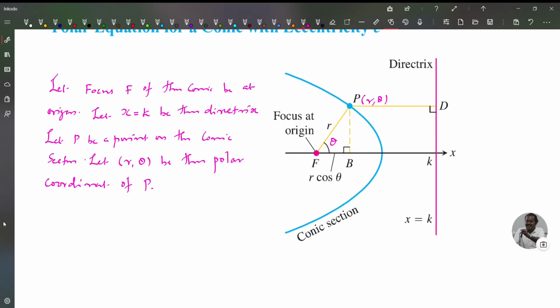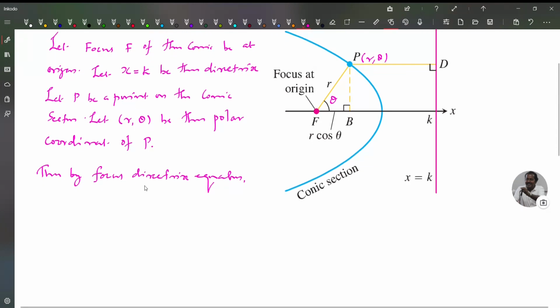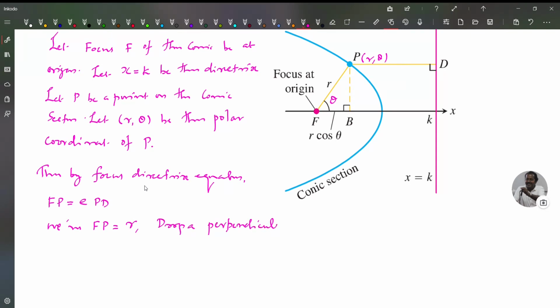Then by the focus-directrix property, FP is equal to e times PD. So we have to find FP and PD. We have FP equal to r. Drop a perpendicular PB from P to the x-axis.